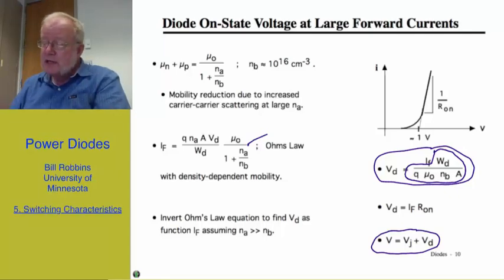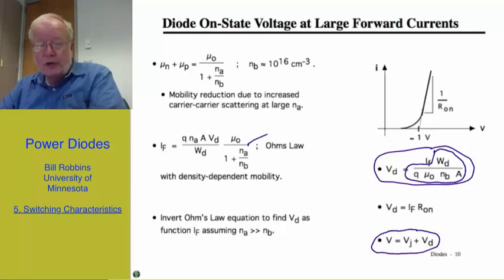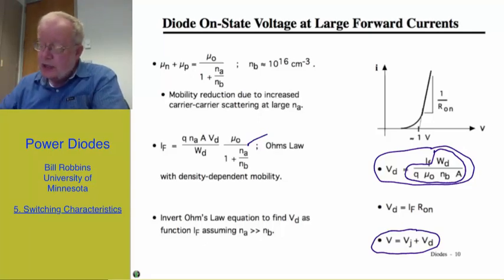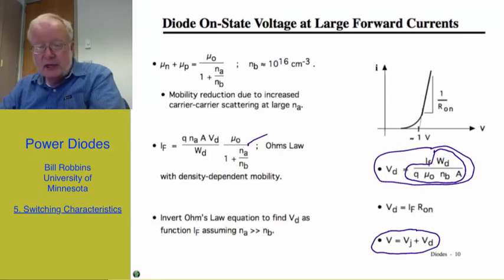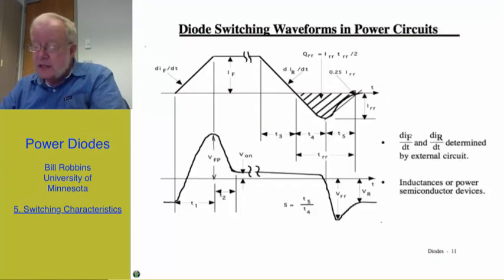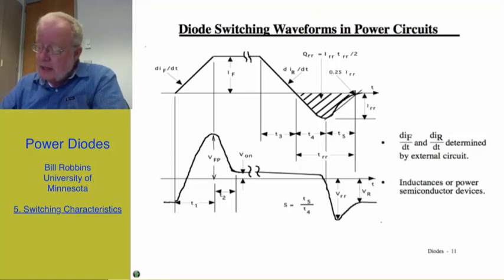So far we have discussed breakdown voltage and on-state losses. We also have to consider the switching characteristics of these p-n junction diodes, and that's what this next slide discusses. I show two waveforms, current versus time and voltage versus time.